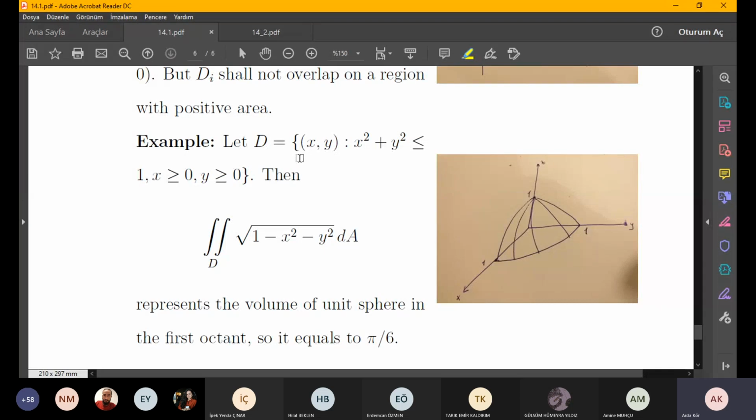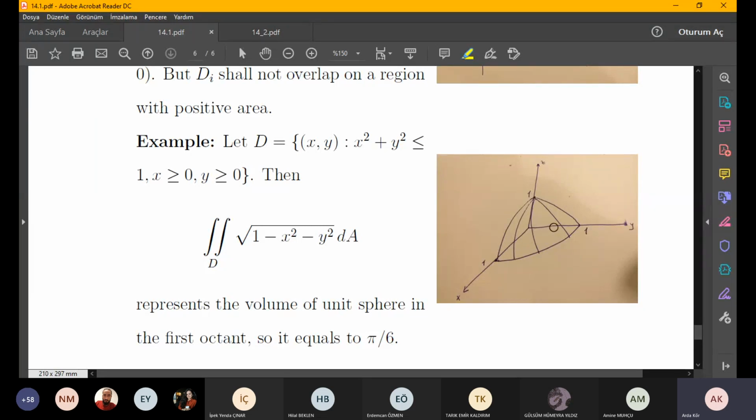So region D here is this one. This is actually the quarter of the disk x squared plus y squared equals 1.